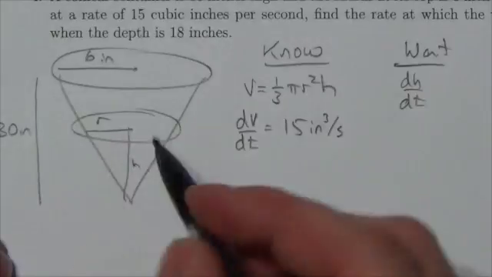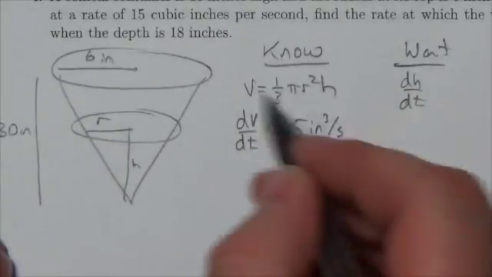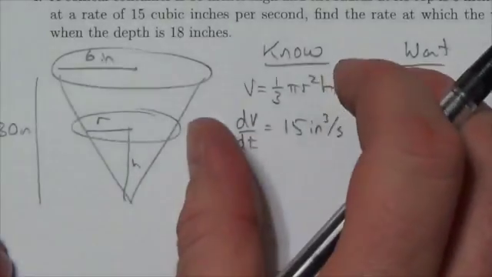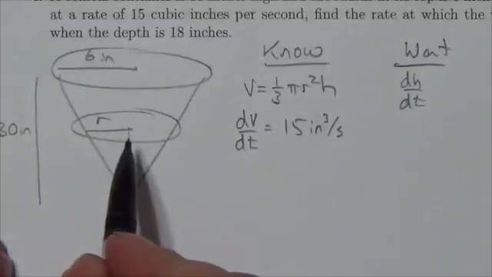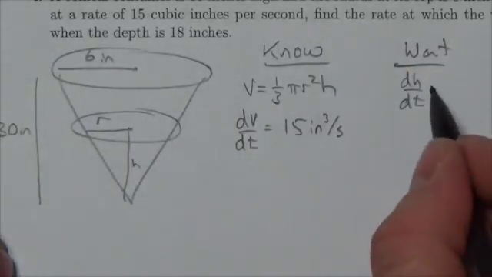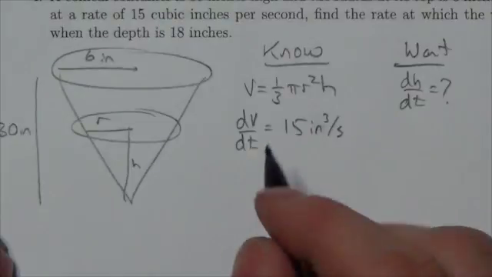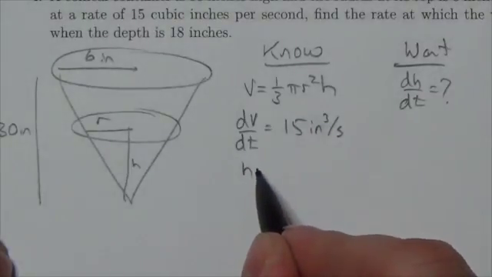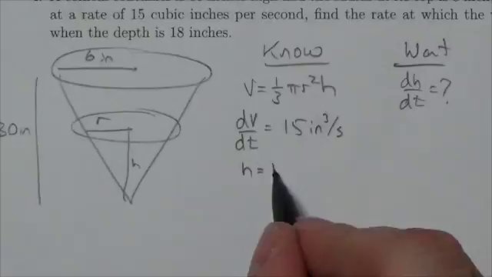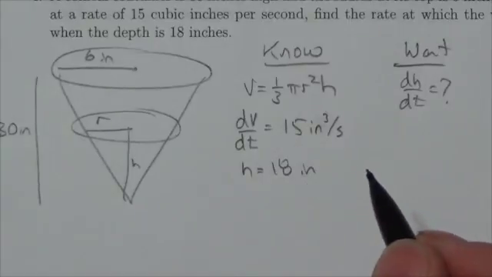It's got this little radius here. This height is changing. This is what we're talking about right here. This equation here for the volume of the cone is this part right here. We are looking for that right there, at the specific moment when the depth of the water is 18 inches.